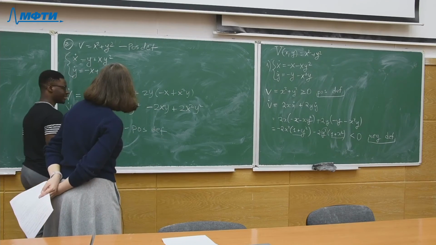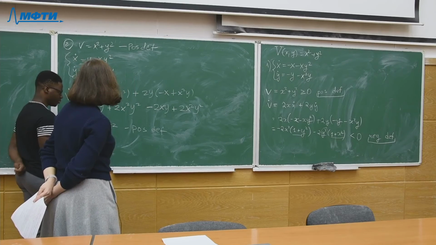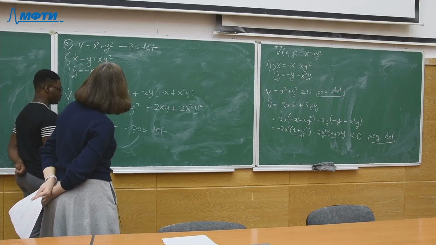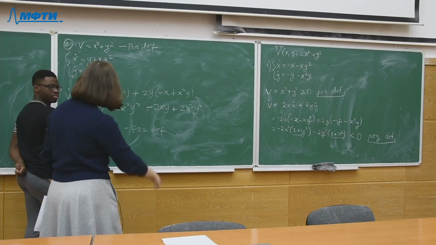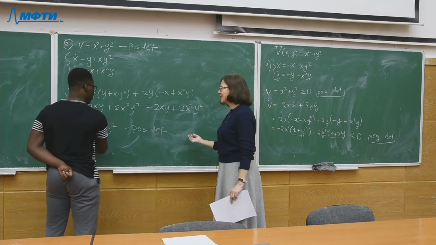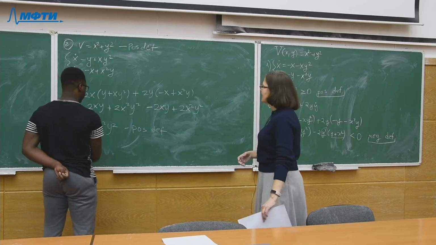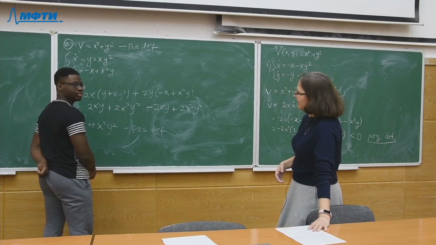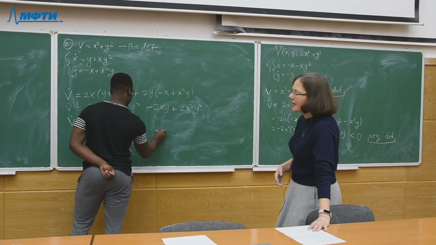If x or y is 0, then it is positive semi-definite. This function is not positive definite because it is 0 for x equals 0 and for y equals 0. This is positive definite because x is equal to 0, y is equal to 0, so it is positive.